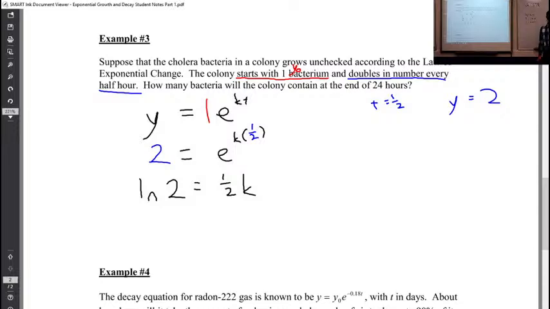So e is my base here. Here's where my exponent goes. And then 2 is the argument of the natural log. So k equals 2 natural log of 2.